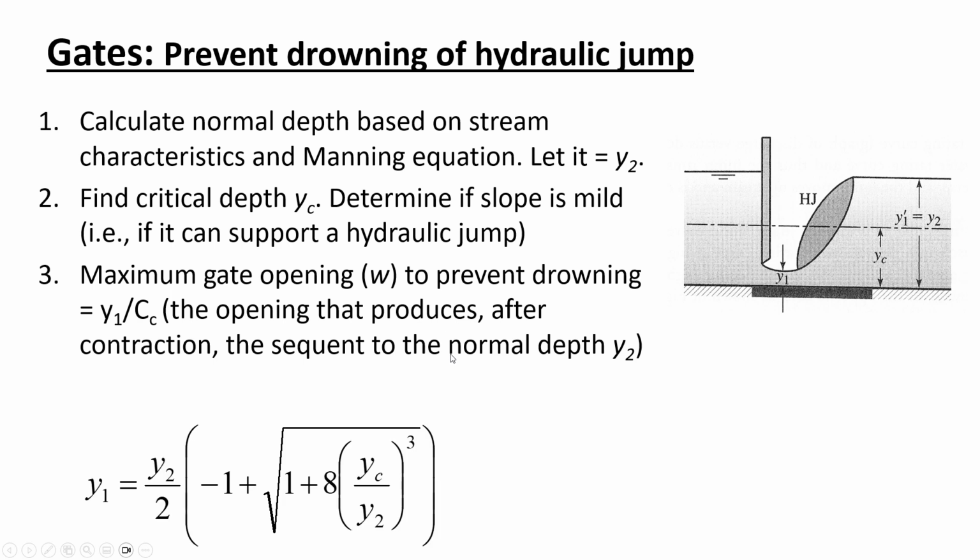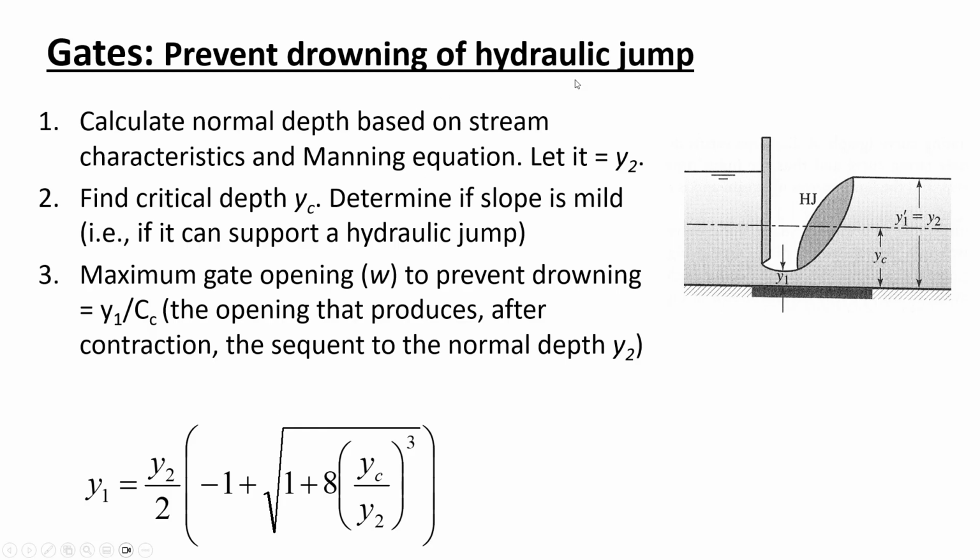So what we would do is find Y1, and this equation is not the same equation I've shown you before. This is the Belanger momentum equation, yes, but this one is expressed in terms of Y1 on the left-hand side, and what I showed you before was the Belanger momentum equation solved for Y2 on the left-hand side.